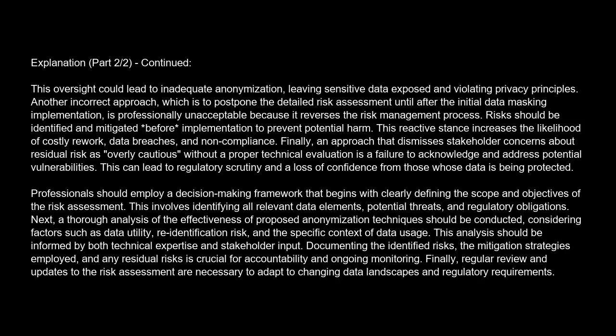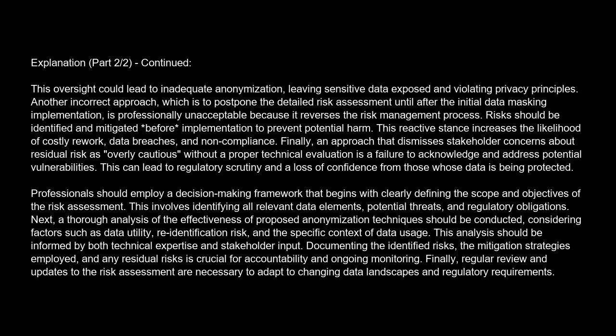Professionals should employ a decision-making framework that begins with clearly defining the scope and objectives of the risk assessment. This involves identifying all relevant data elements, potential threats, and regulatory obligations. Next, a thorough analysis of the effectiveness of proposed anonymization techniques should be conducted, considering factors such as data utility, re-identification risk, and the specific context of data usage.